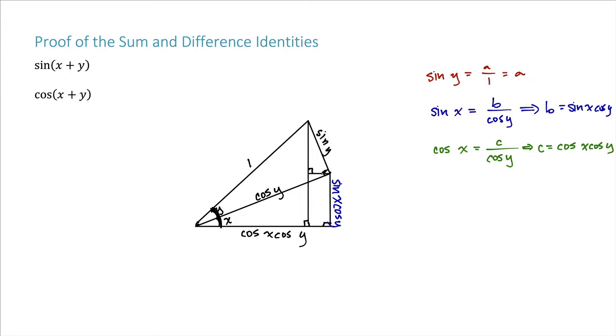Now, there's actually an angle here that I can figure out. I'm going to start by looking at this angle x right here. And notice that this line is parallel to this line. So this is a transversal that's cutting through those parallel lines, which means that alternate interior angles are congruent.